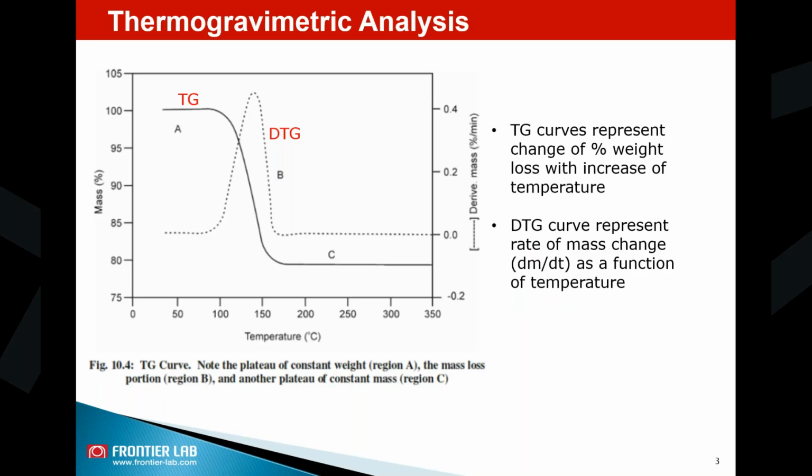So most often we try to use the differential thermogravimetry curve, which represents the rate of mass change as a function of temperature. Okay, so basically what we get from a TG data or the DTG is the peak top temperature of the material.